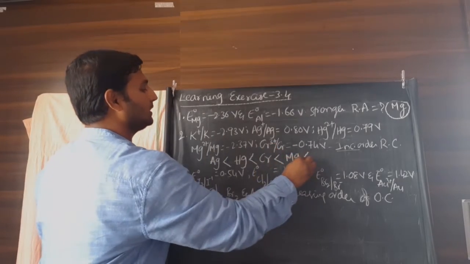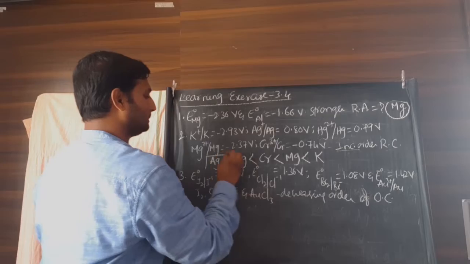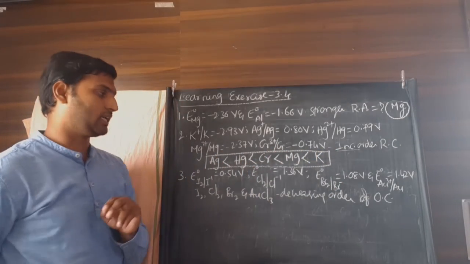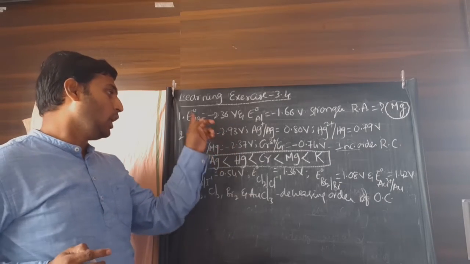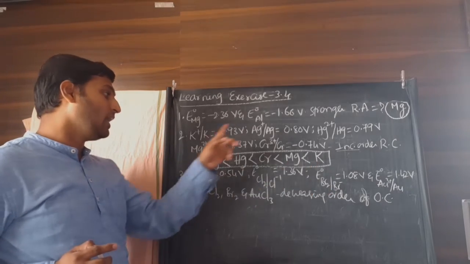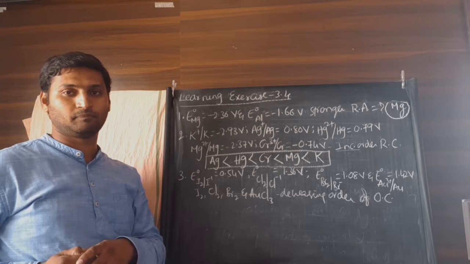And the strongest reducing agent would be potassium. So the one with the lowest potential is the strongest reducing agent. The one with the highest potential is the weakest reducing agent. We are clear here. Okay.